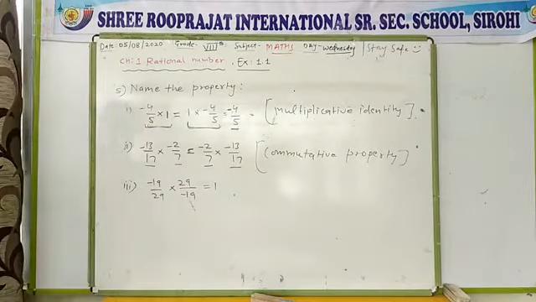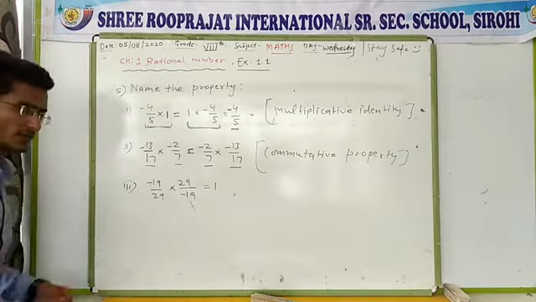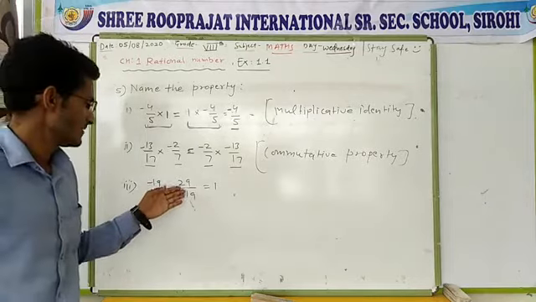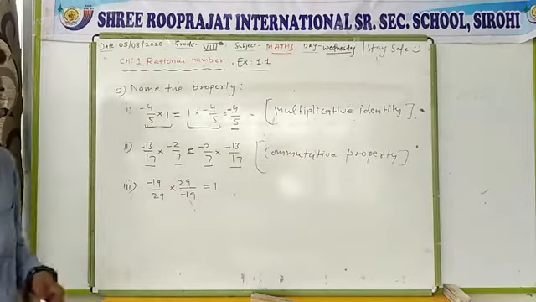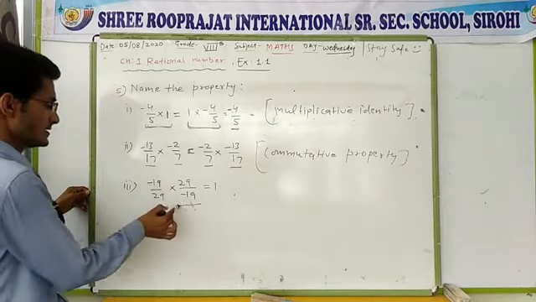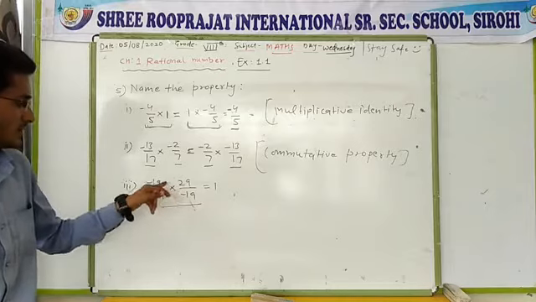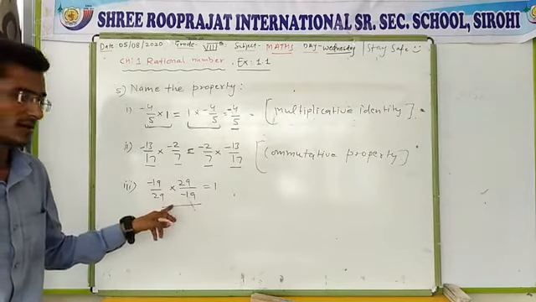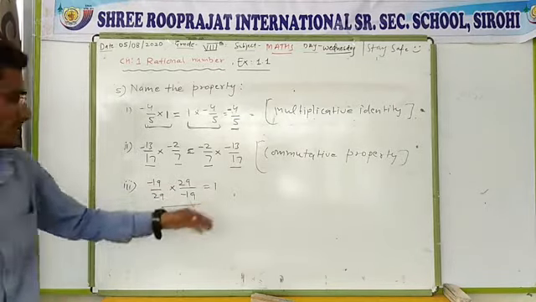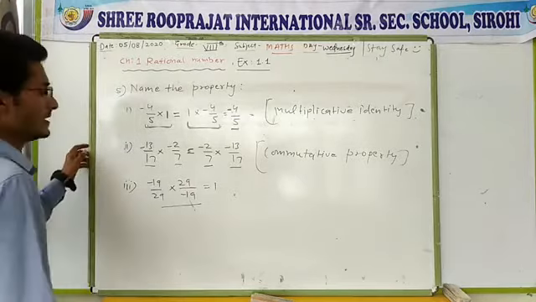Okay. Next one, minus 19 by 29 multiplied with 29 by minus 19 equal to 1. You can see these are just the reciprocals of each other. The numerator and denominator are interchanged with each other, and finally you get the answer 1. So that is the multiplicative inverse.